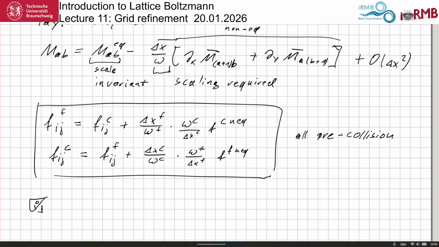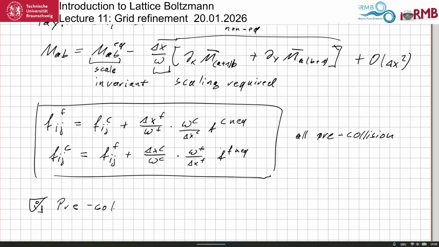And then the people from Geneva, the group of Bastien Chopard, briefly after this published a paper that you better do it on the pre-collision rather than the post-collision, because then you avoid a singularity.